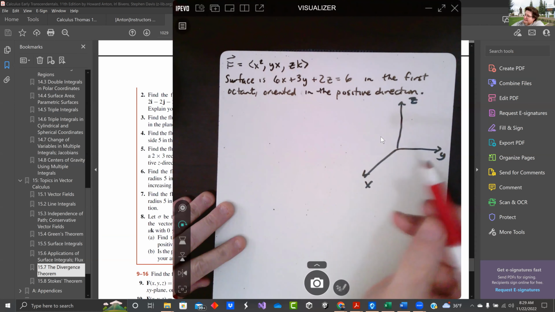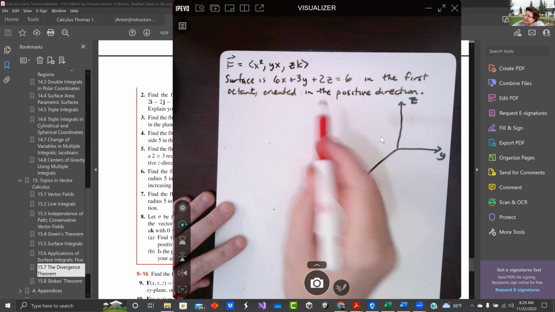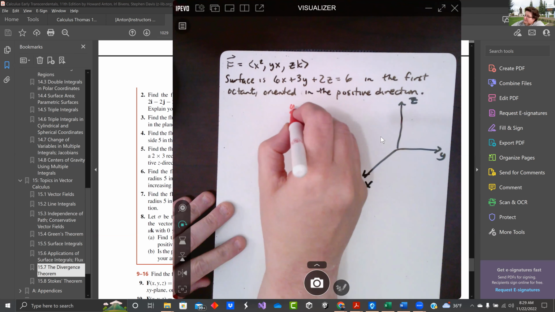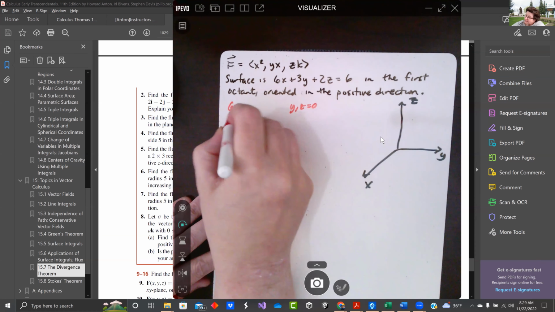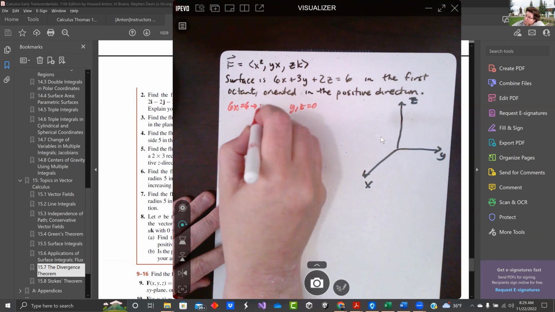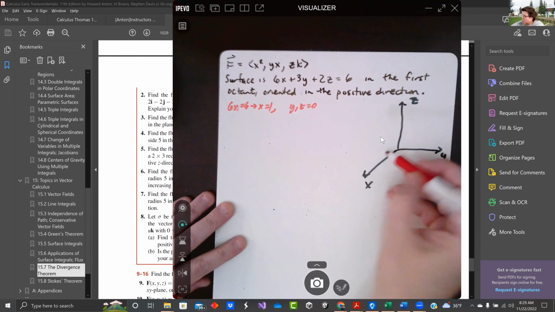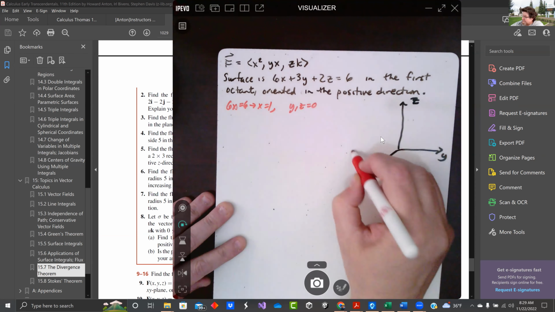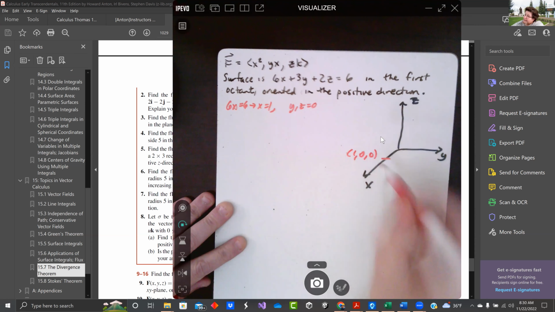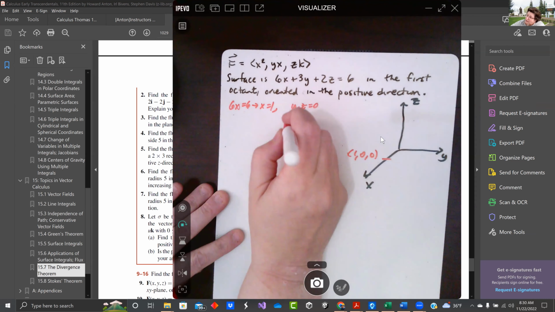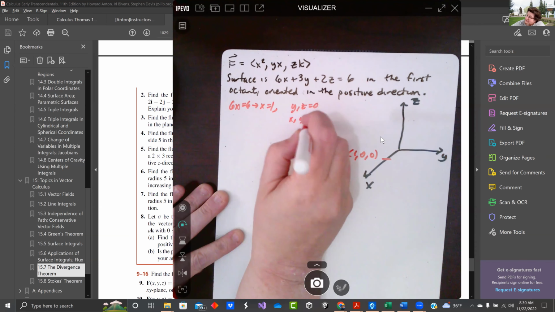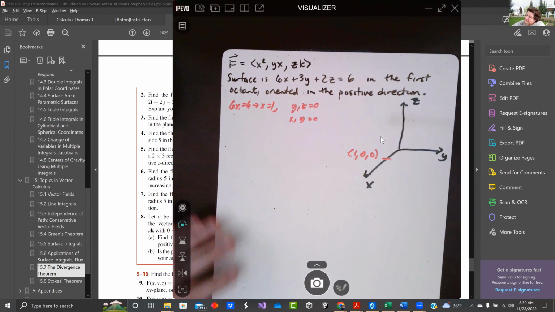So if y and z equal 0, I get 6x equals 6, so x equals 1. And I get the coordinate 1, 0, 0. If I set x and y equal to 0, I'm left with my z's.